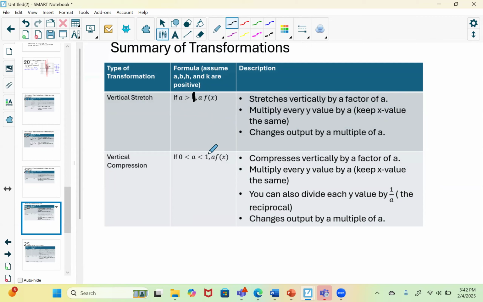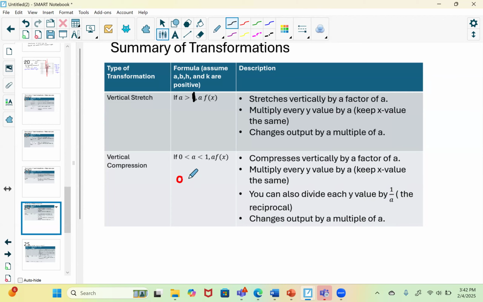If a is between 0 and 1, then it compresses the graph vertically, and you do the same thing. You multiply every y value by a, but now a is less than 1, like 1/2 or 1/3. You can also divide each y value by 1/a.